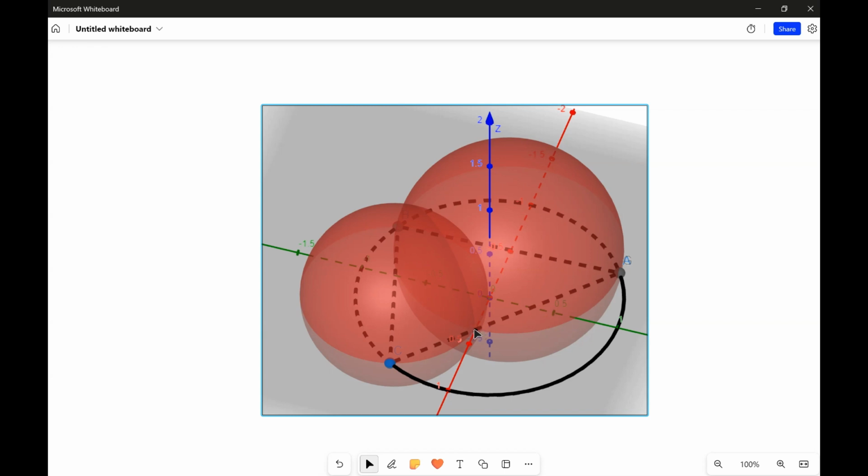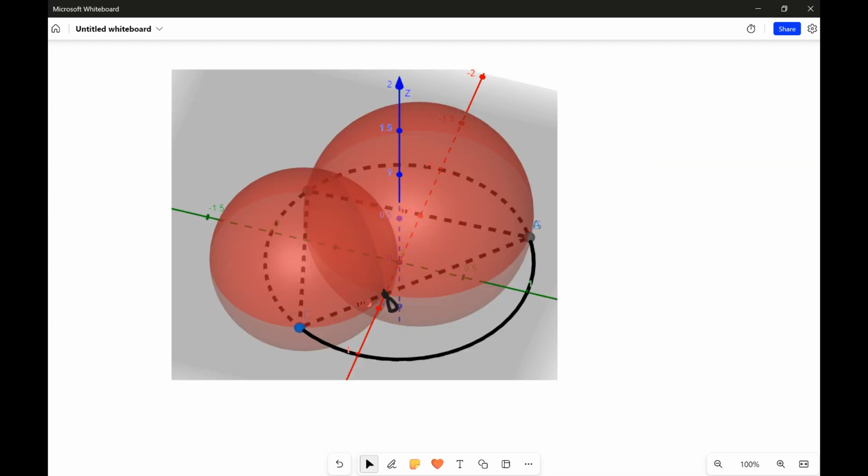And actually, this is pretty obvious, because this point here, let's call it D, is the foot of the altitude from B to AC, because angle BDA is 90 degrees. So that means that angle BDA is equal to angle CDA is equal to 90 degrees.